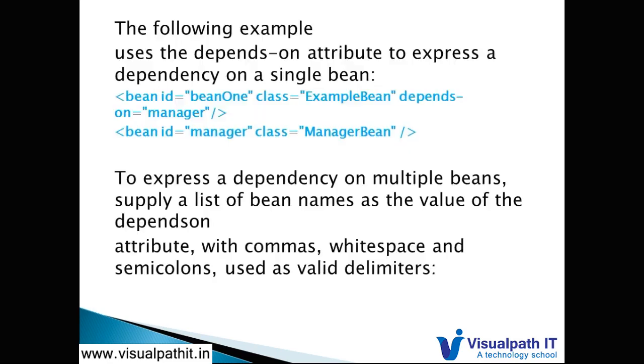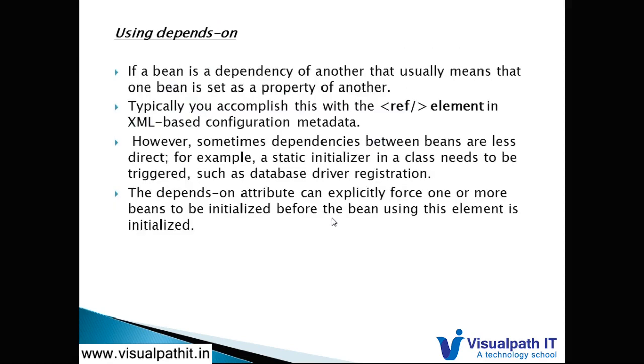How to use the depends-on attribute? Let's see how to use the depends-on attribute. If a bean is dependent on another, it means that one bean is set as a property of another. Usually we use the ref element in the XML configuration metadata.